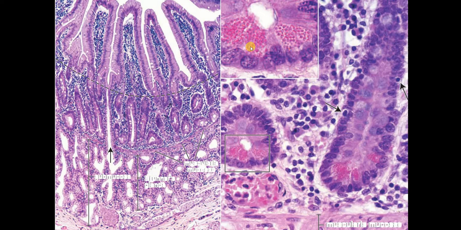Here it's shown in more detail: these are the villi of the small intestine, and here the gland starts, the crypt of Lieberkühn. But in the duodenum, it forms Brunner's glands, which we'll discuss a little later. Here, in the crypt of Lieberkühn, we can see these Paneth cells.